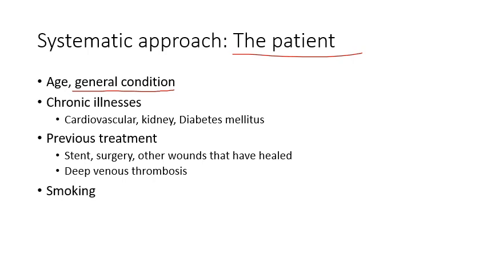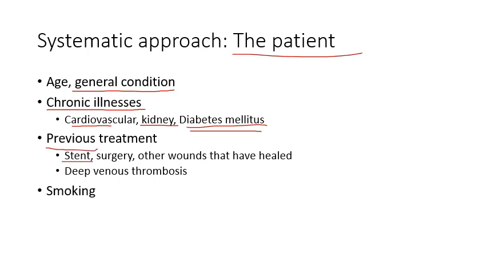We're also going to look at the chronic illnesses that the patient has, especially cardiovascular disease, kidney disease, and diabetes mellitus, and I'm going to put two lines under that because I'll be talking a lot about diabetes mellitus. They have a much higher risk of chronic wounds and amputation than the average person. Also, ask the person about previous treatment.